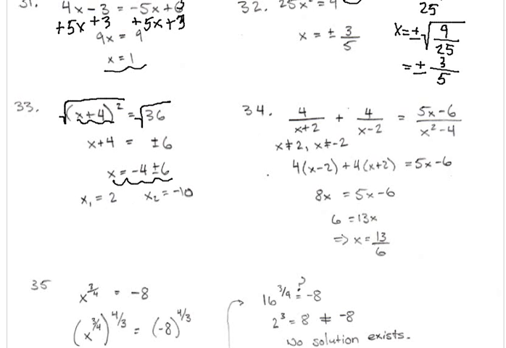Number 34, one thing that I note in my final solution is that I can't get anything that would do division by 0, so I note automatically that x cannot equal 2 or negative 2. I also notice that x squared minus 4 is the difference of perfect squares.